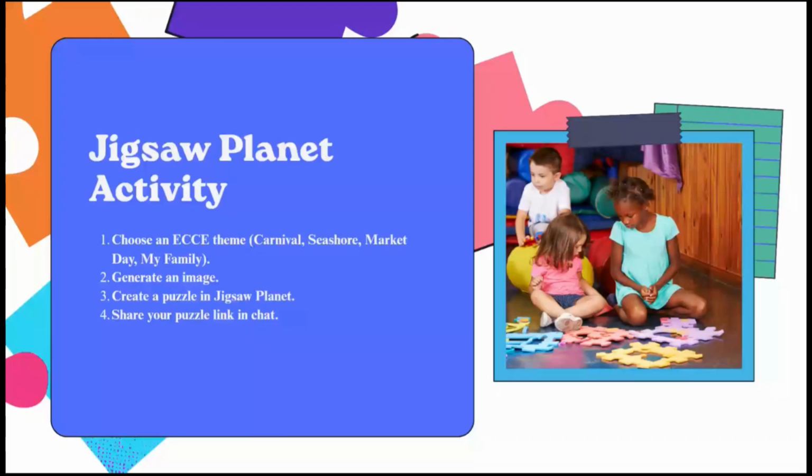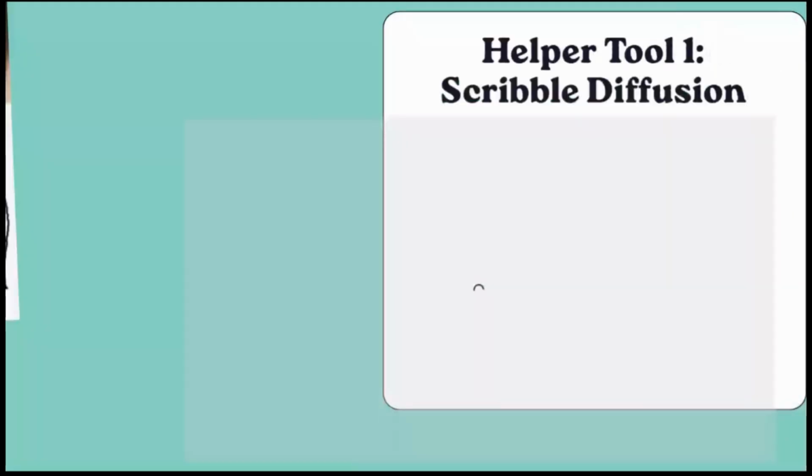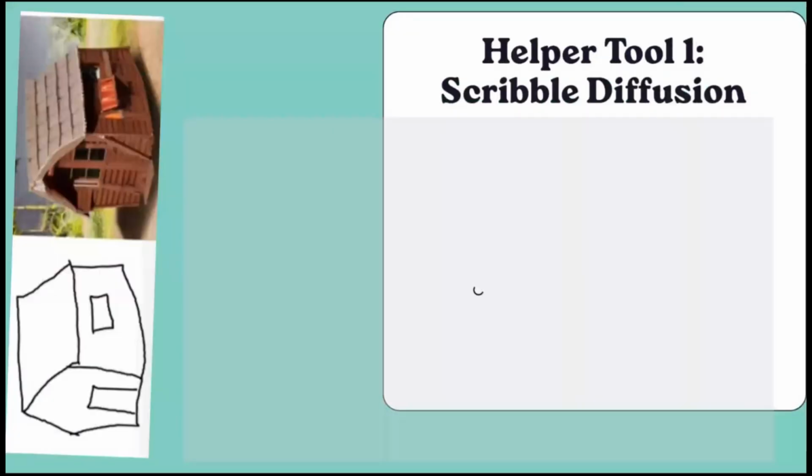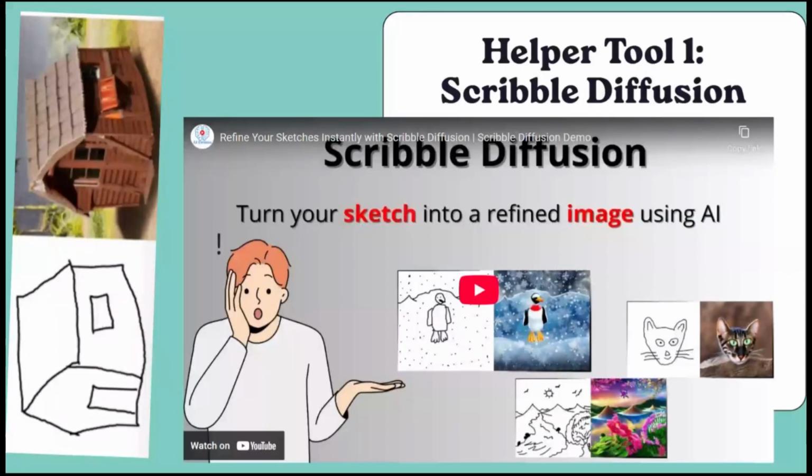Right? So come with me. Let me show you the answer to your question. Scribble Diffusion. This tool takes a child's sketch and turns it into a colorful image. So let us take a look at how it works.